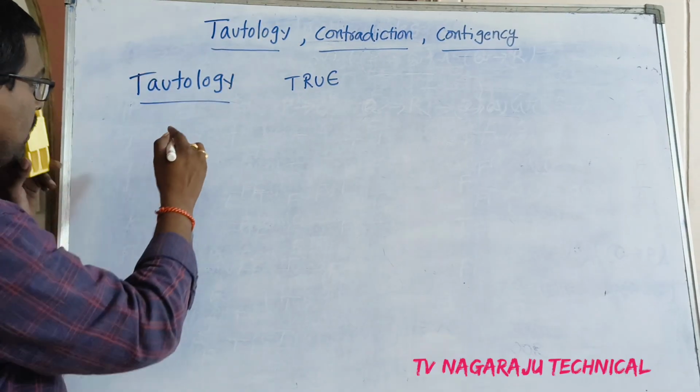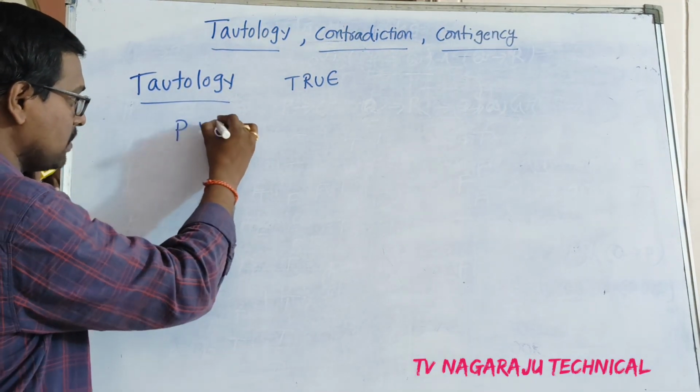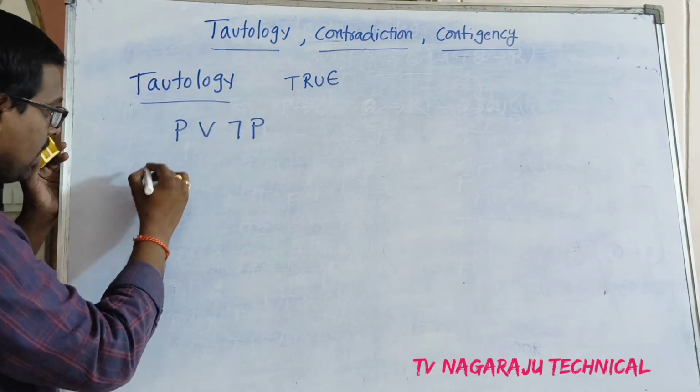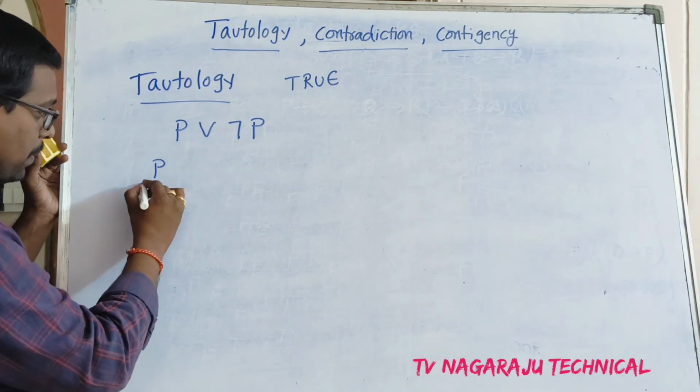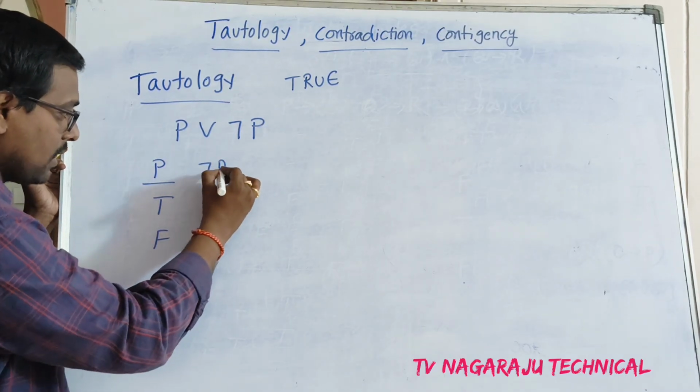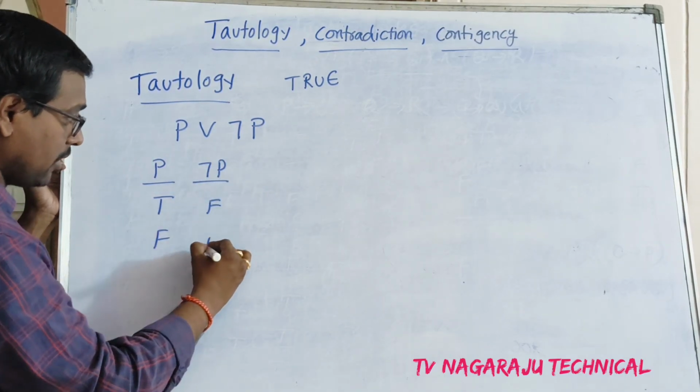For example, consider the proposition P or negation P. Check P or negation P. The truth values of P are true and false, and of negation P are false and true.